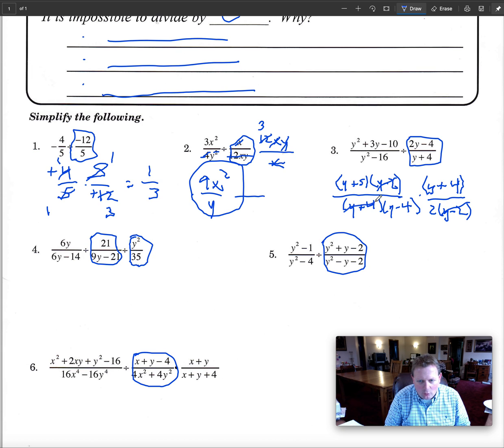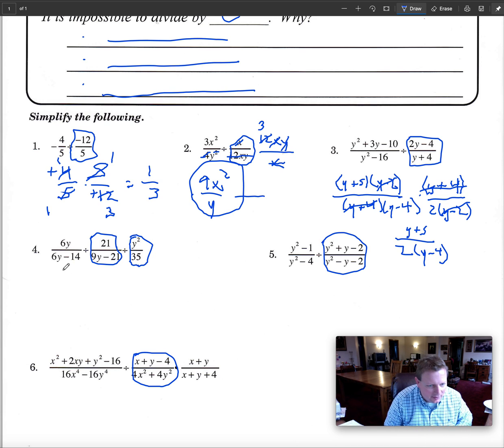The y plus 4's cancel. And you don't have to distribute your answer back together. This becomes y plus 5 over 2 times y minus 4. And that's your answer.